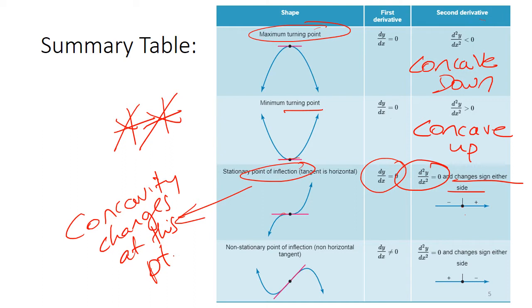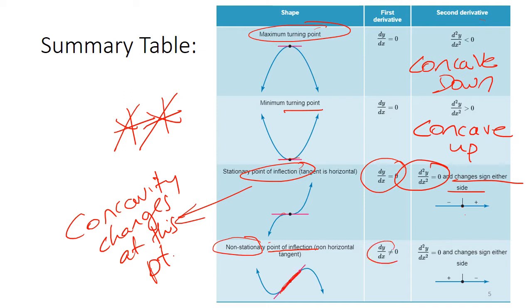Just for completeness' sake, we are going to talk about the non-stationary point of inflection. This is not a stationary point, but it is still a point of inflection. At this point, it is not a horizontal tangent. At this point, the gradient is not 0.